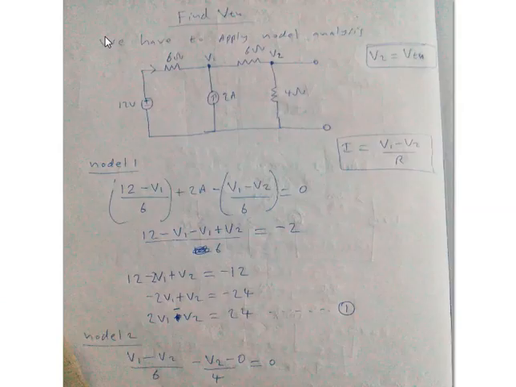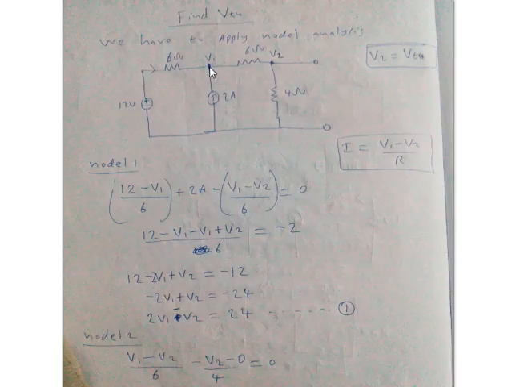When we apply nodal analysis, we have to know one thing, that is I is equal to V1 minus V2 divided by R. This is the formula that we apply when we do nodal analysis. So we have one circuit now. Here you know the value, that is 12 volts, which is applied through this.